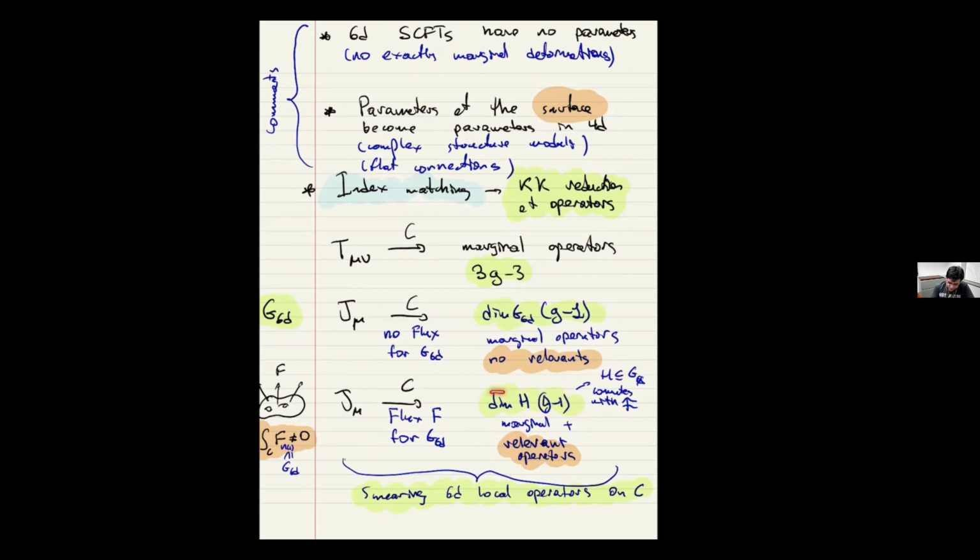So the marginal operators will be related to the unbroken group, if you wish, and you will also have a plethora of relevant operators, which can be determined in terms of what exactly the value of the flux is, how the group is broken by the value of the flux, and so on. Okay. So this is the story.